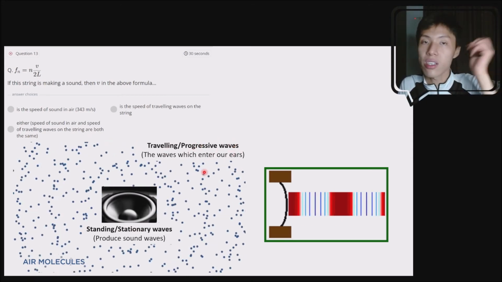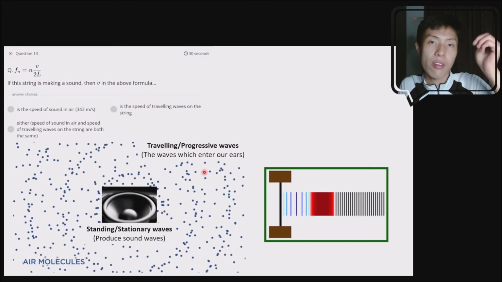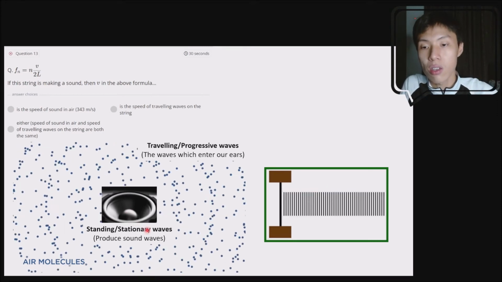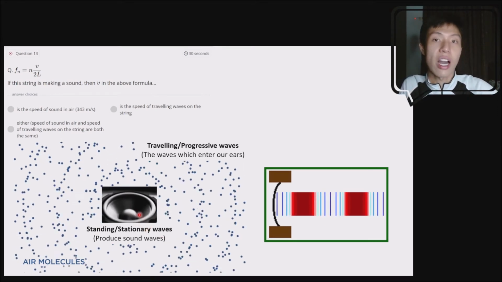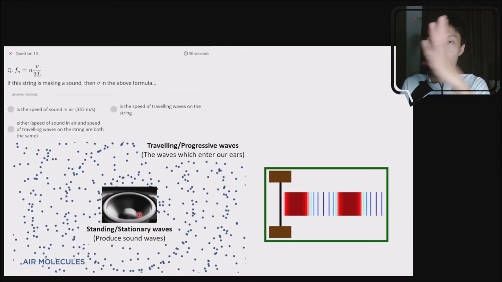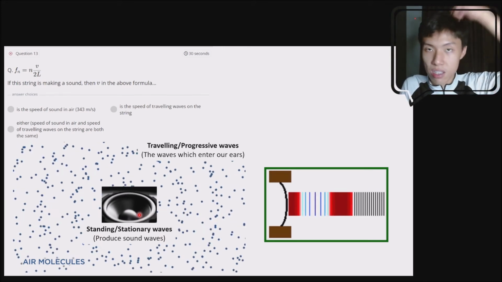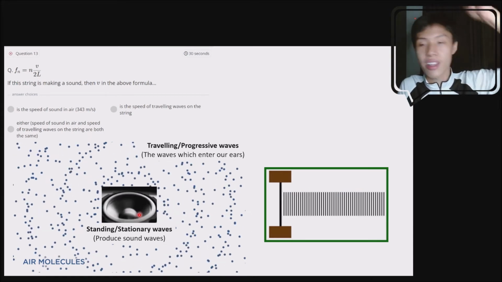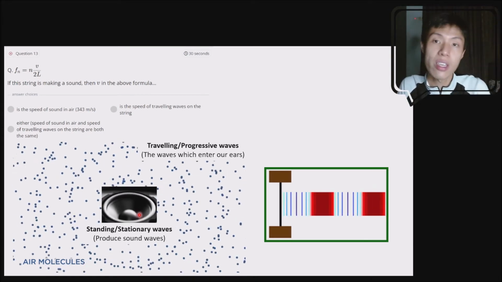Inside our ear there's the eardrum, so the traveling wave hits our eardrum, causing it to create a standing wave. Our eardrum vibrates left, right, left, right, and sends a signal through the auditory nerve, I think, to our brain, which then translates it to the sound that we hear.